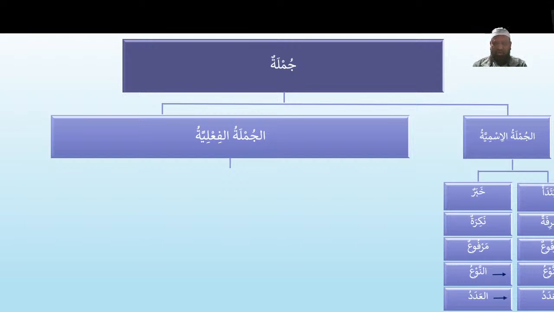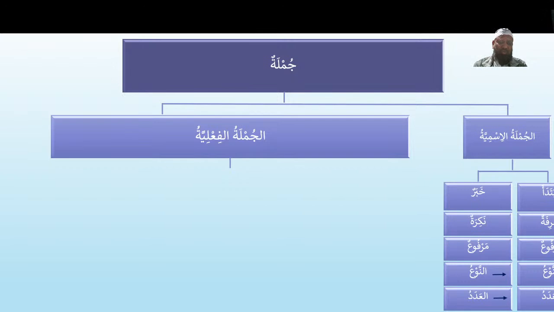Ismu Kana is Marfu' and Khabaru Kana changes into Mansub. And also all the other Kana wa Akhawatuha, for example, Laysa: Ismu Laysa will be Marfu' and Khabaru Laysa will be Mansub.